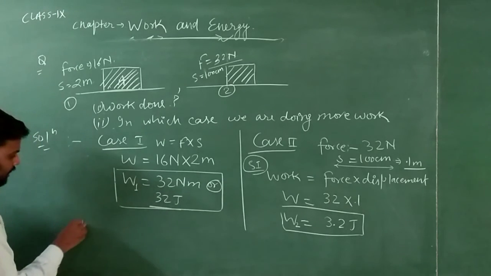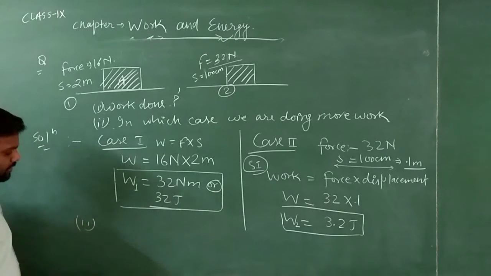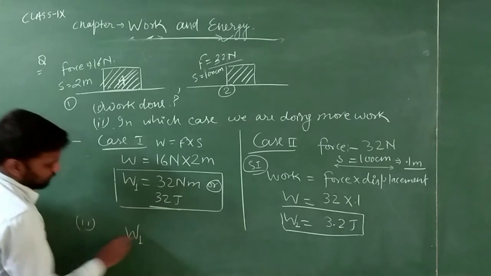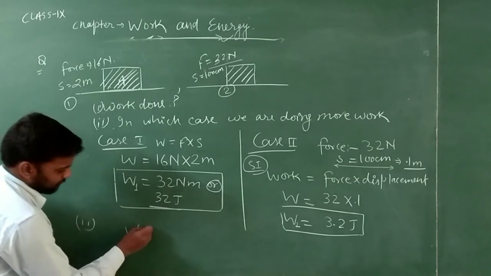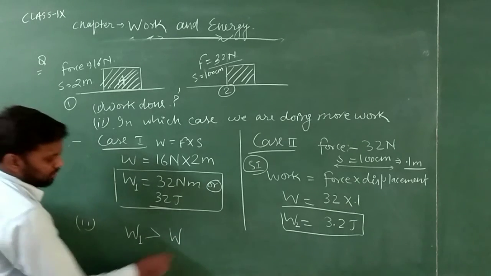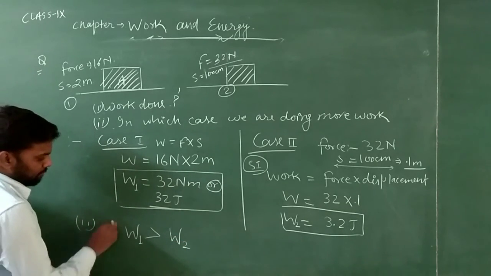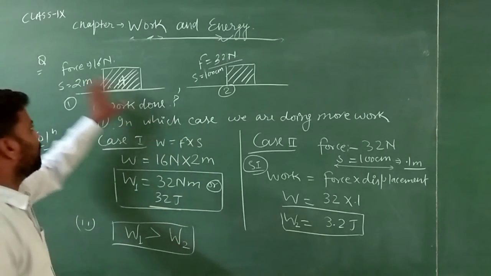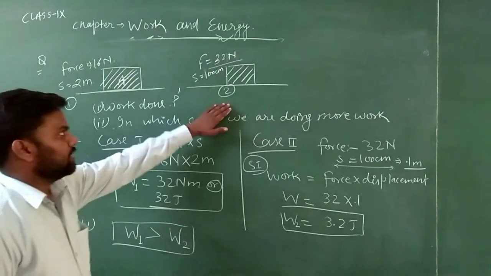For the answer to the second part, we are doing more work in case 1. So work done in case 1 will be greater than work done in case 2. We are doing more work in the first case as compared to the second case.